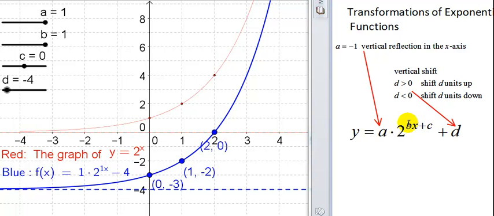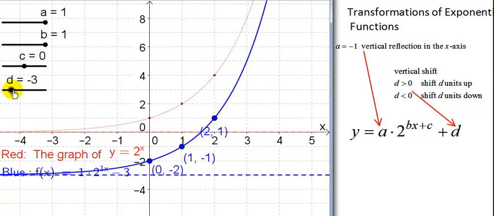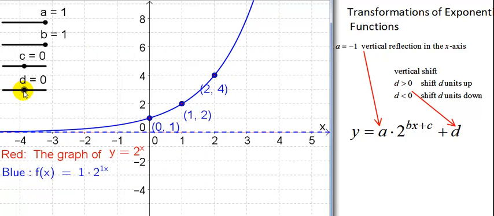Now we need to look at the effects of b and c. Just like with a, the only values of b that you need to worry about in this class are 1 and negative 1. So let's go back over here. We bring d back to 0. We're back at our parent graph, b equals positive 1.